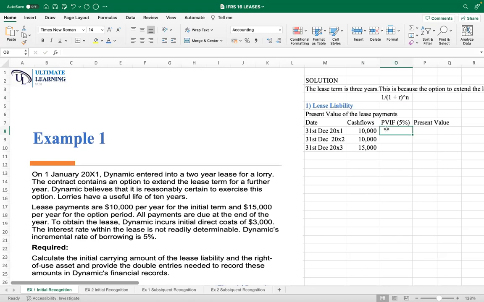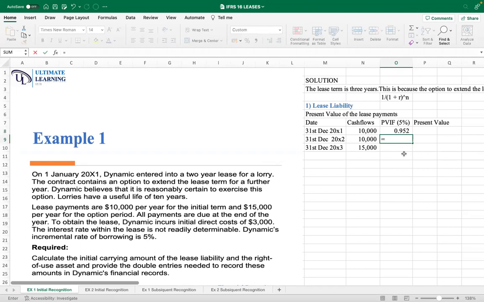Now, at the end of the first year, the formula will be 1 divided by, into bracket, 1 plus 5%, which is the same as 0.05, close the bracket, raised to power 1. So what do we get? Maybe to 3 decimal places, the PVIF, the discounting factor, is 0.952.